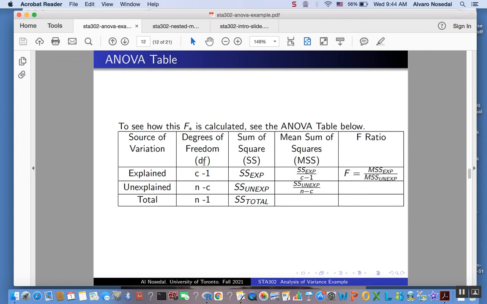Once you have found the first two columns of an ANOVA table, then it's easy to come up with that F star, that test statistic. And that's why people liked these tables in the past.